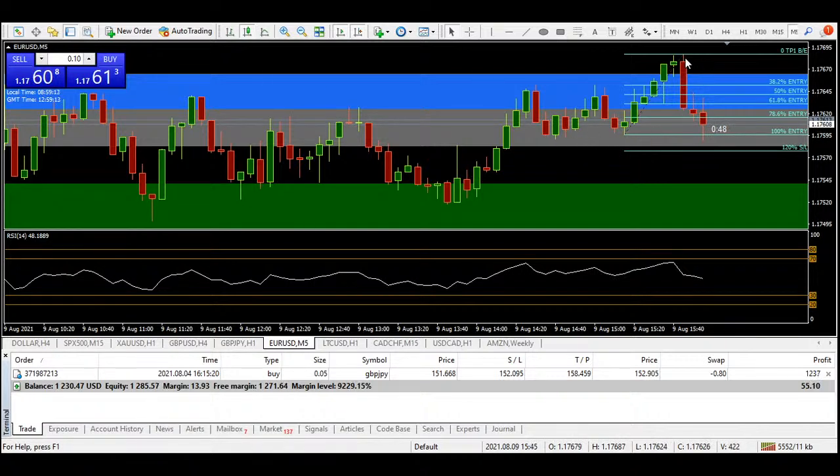Man, it gave us a higher high and a lower low. So we're pinning through the 100.